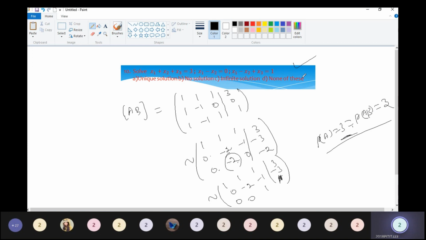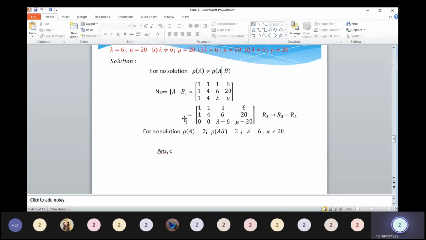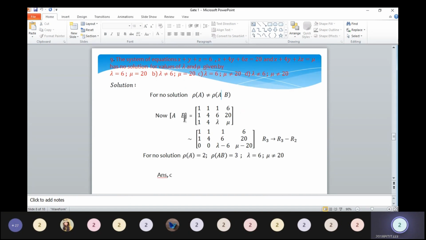Okay, and the ninth problem. What it says: the system of equations x plus y plus z equals 6, x plus 4y plus 6z equals 20, x plus 4y plus lambda z equals mu has no solution for which values of lambda and mu?